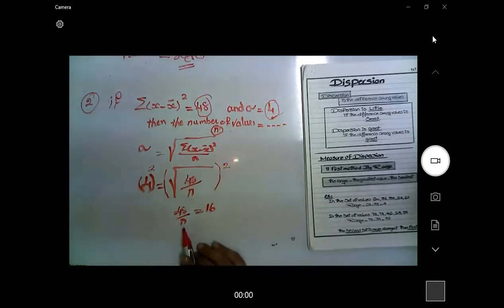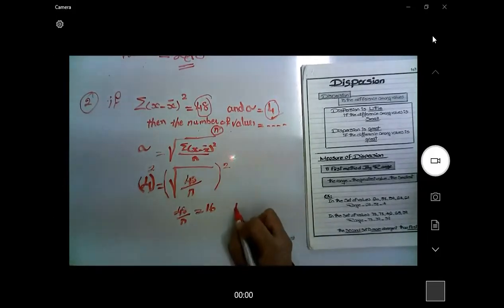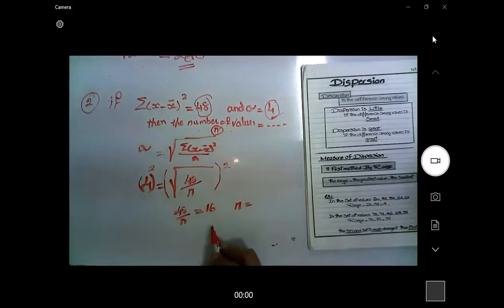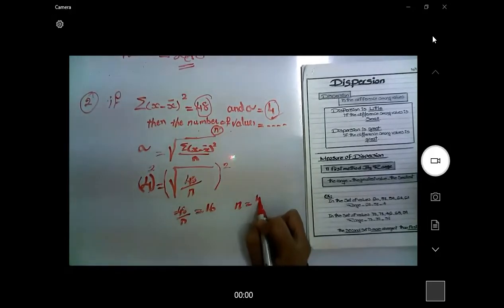Now we get the number of values: n equals 48 divided by 16, so the number of values is 3.